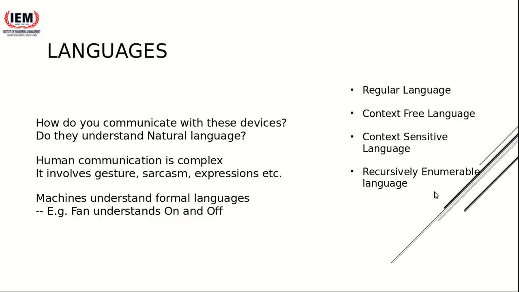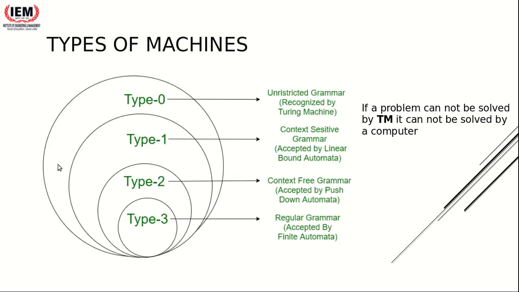So not only does it understand recursively enumerable language, if you follow this picture, it understands context sensitive language, context free language, and regular language. That's why the Turing machine is the most powerful and the strongest machine of all, because it understands all the subset languages, right? But on the contrary, finite automata only understands and only accepts regular language.